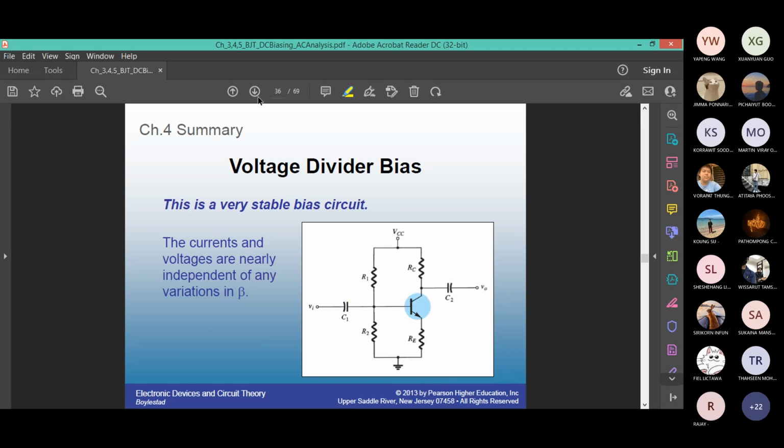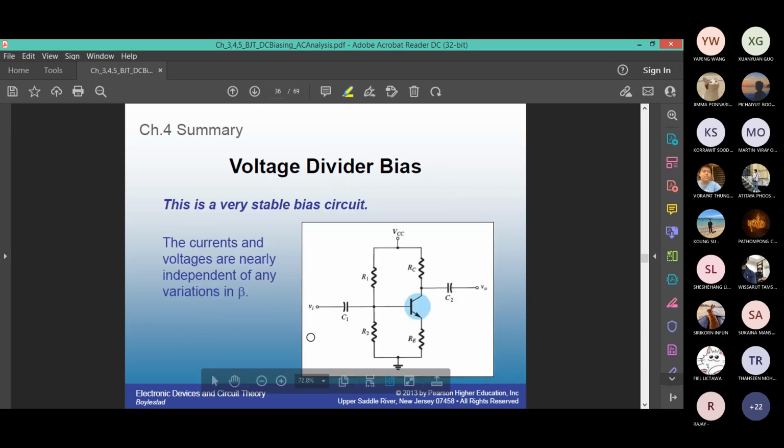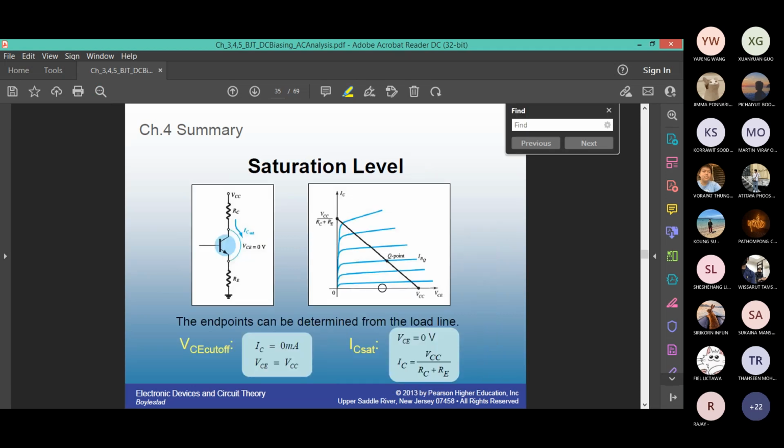A bit clearly. How do I zoom? The zoom button is not here. What happened? Is it zoom in, zoom out? Oh, here. It doesn't zoom.